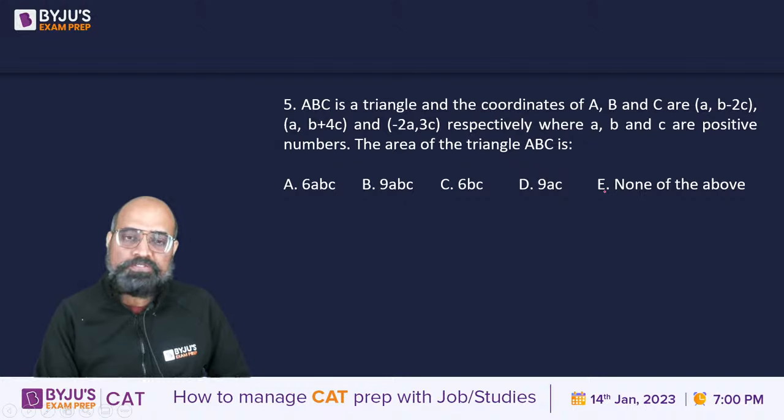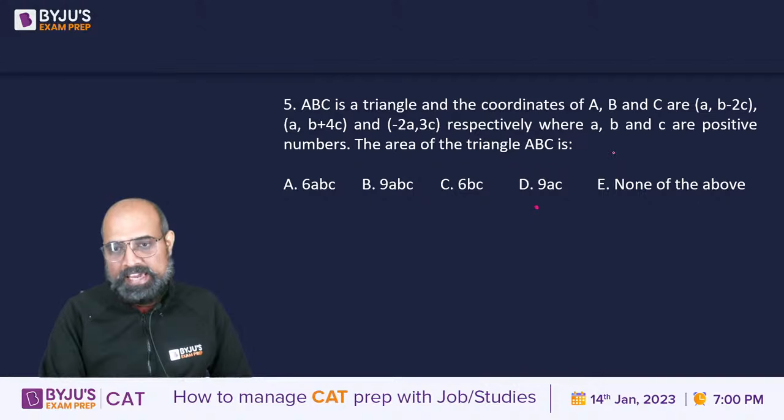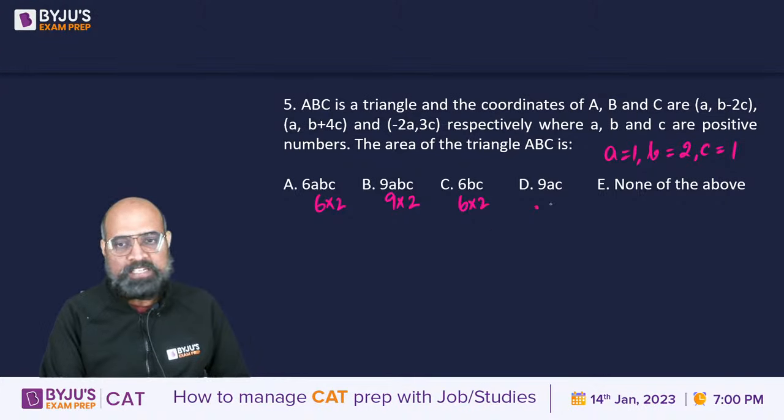Let's assume the values. But if you look at the options, we need a scenario where the options differ. So if I take a as 1, b as 2 and c as 1, this is going to give me 6 into 2. This is going to give me 9 into 2. This is again going to give me 6 into 2. This is going to give me 9 into 1.